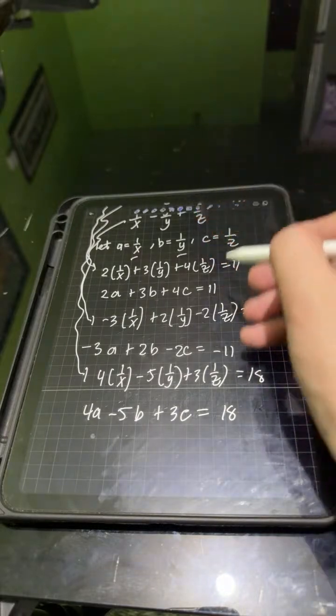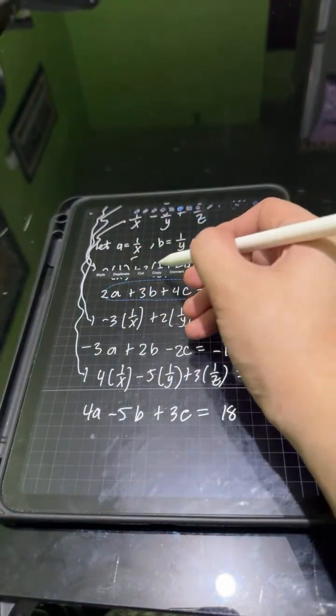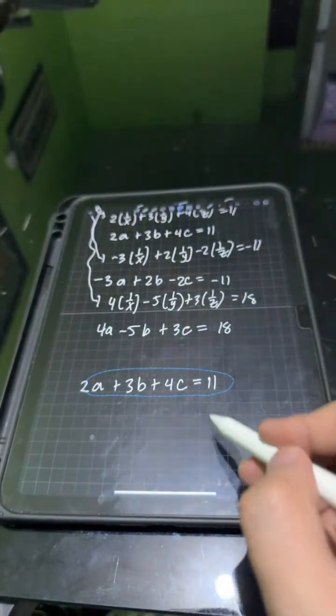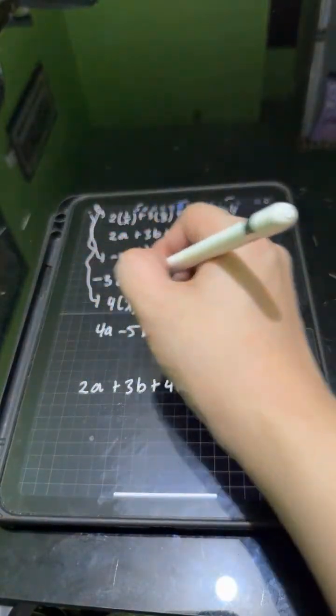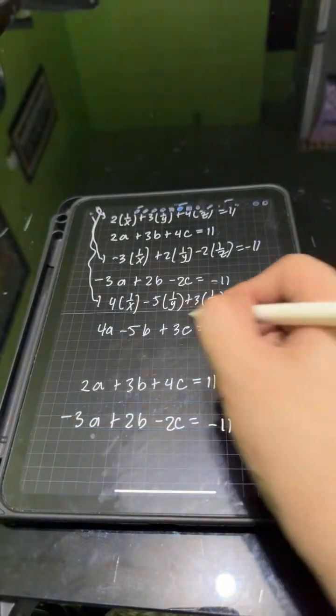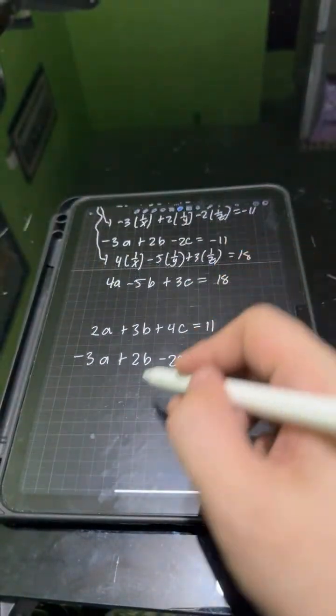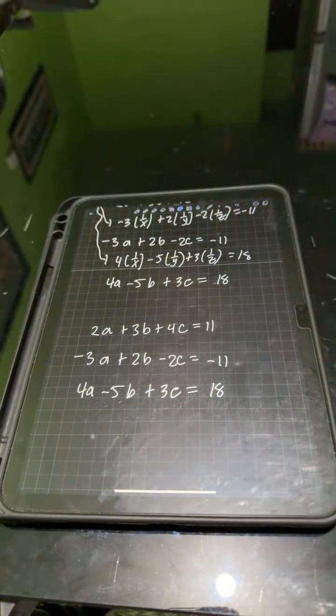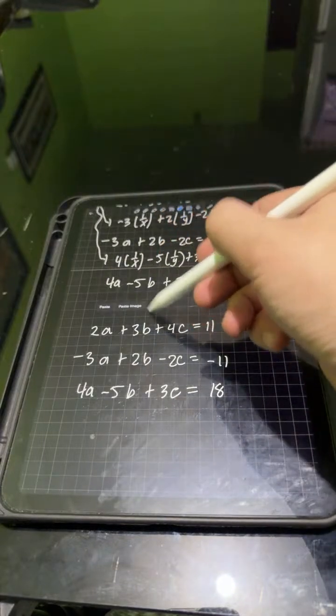So gathering these three equations, we have the first one, the second one, and the third one. So we have transformed the system of nonlinear equations into a system of linear equations in three unknowns a, b, c.